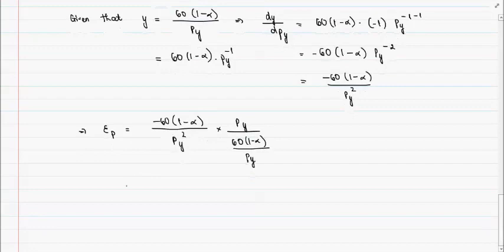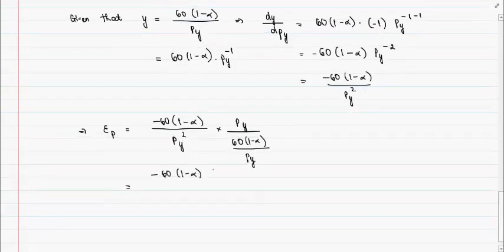So now I just have to simplify this. So I got -60 times 1 minus alpha, everything divided by Py squared, times Py divided by this, which will just become Py times Py.